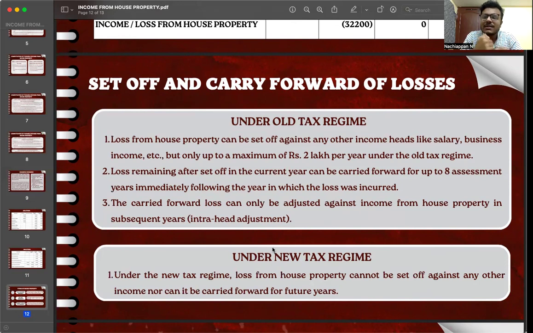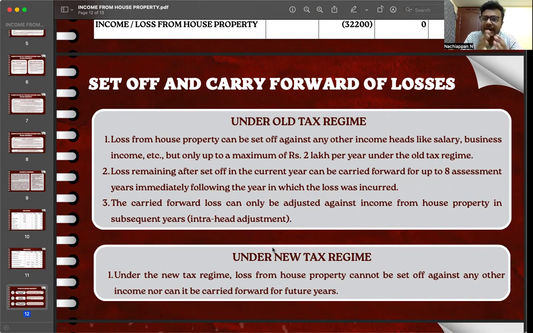But let's say you have a loss of 3 lakhs or something, what do you do then? In your first year, you can set off 2 lakhs, and then you can carry forward that 1 lakh for up to 8 assessment years immediately following the year in which the loss was incurred. But when you carry forward, the carried forward loss can only be adjusted against income from house property.